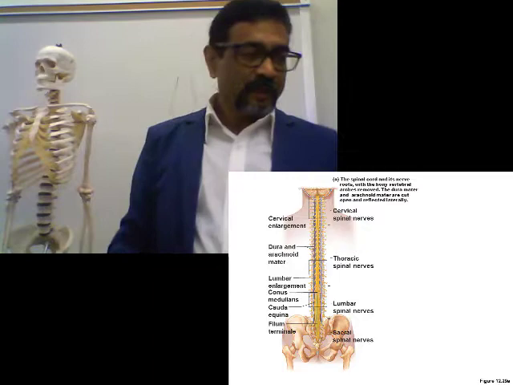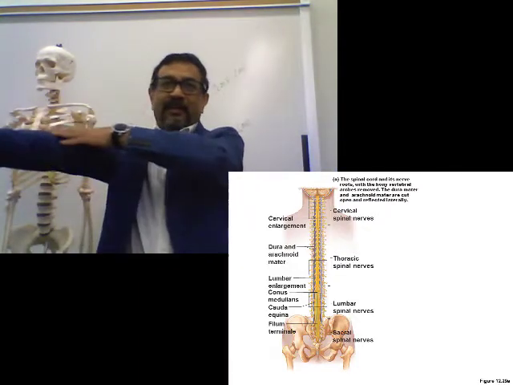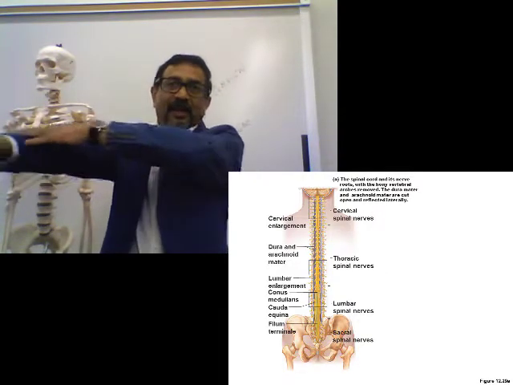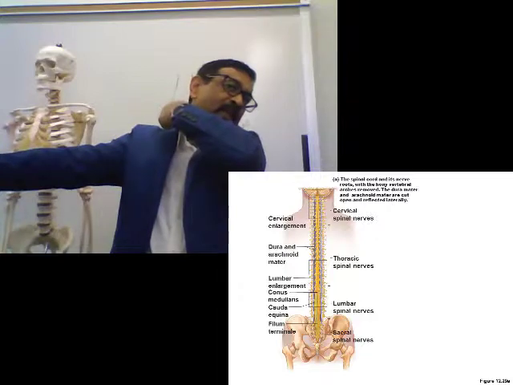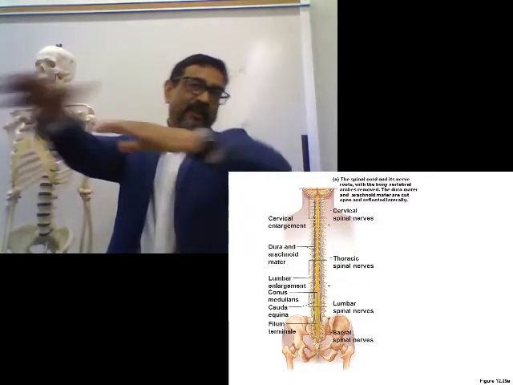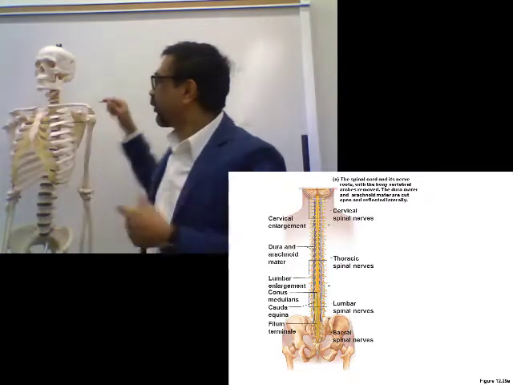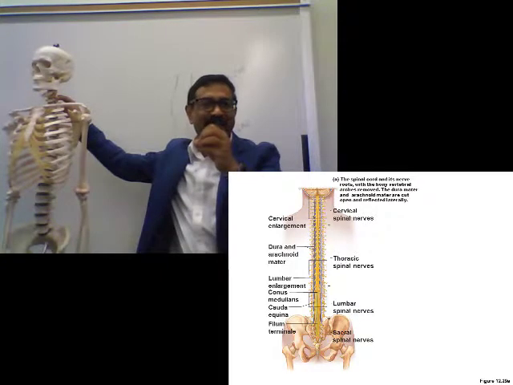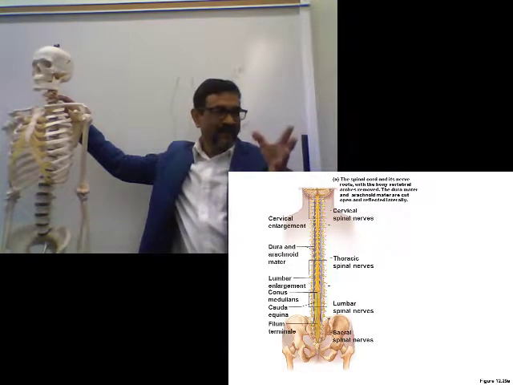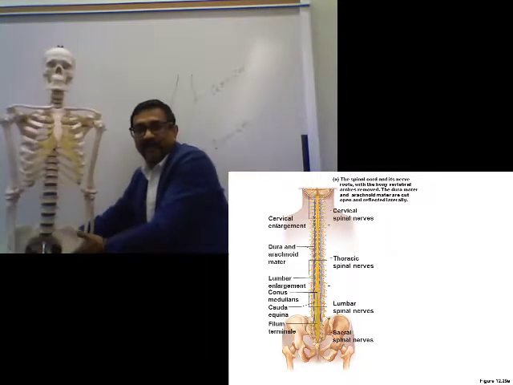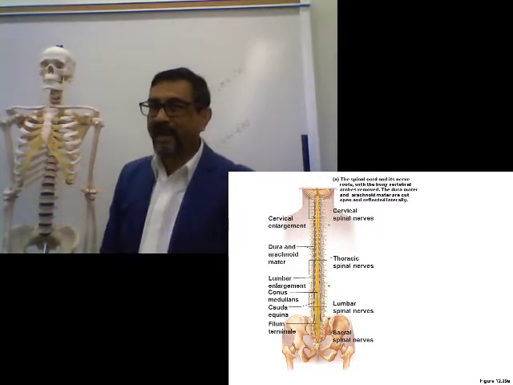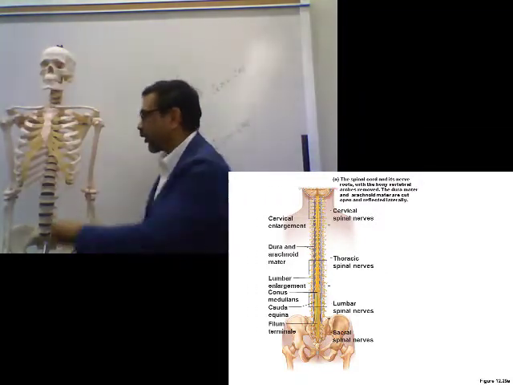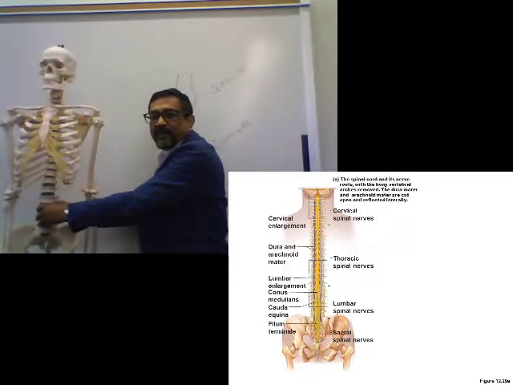Why? You see, the nerves of the upper limbs, right? These nerves take signal to the cervical part of the spinal cord. Make sense? Many nerves going from the upper limbs are going to the cervical part. That's why you need more neurons to process the signal there, right? Same thing from the lower limbs, your legs, many nerves are taking signal to the spinal cord, to this part, the lumbar part.